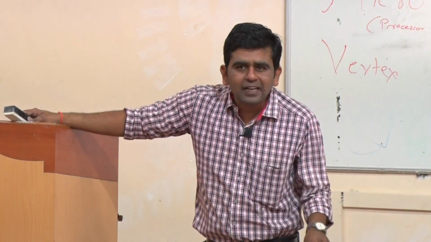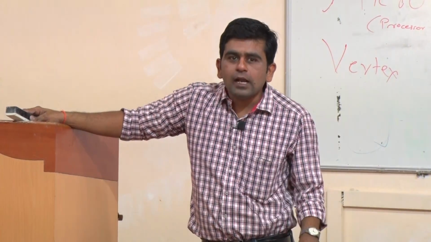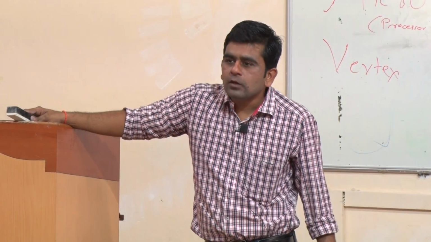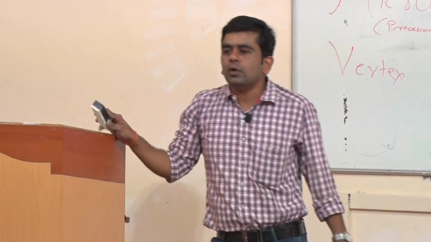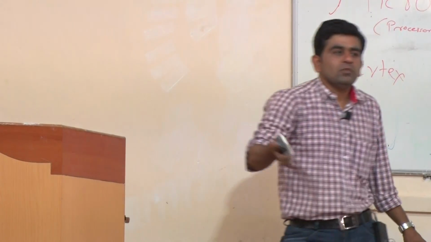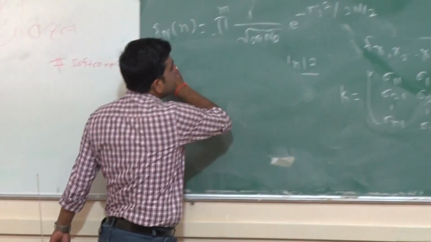Now we have to define this in an actual communication problem. Here we consider M symbols, m1, m2, m3 up to mM. These are the symbols we have to transmit.